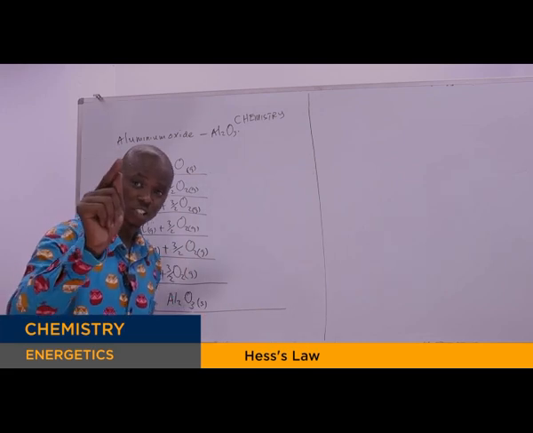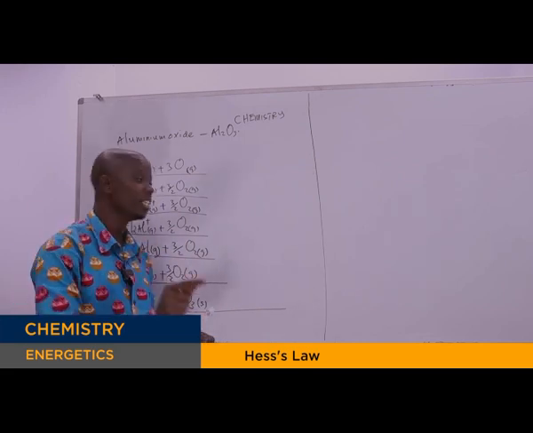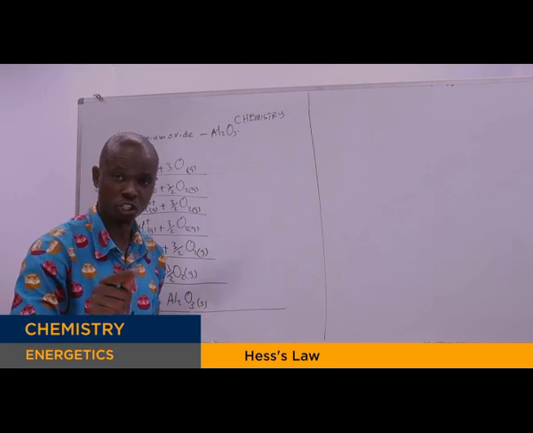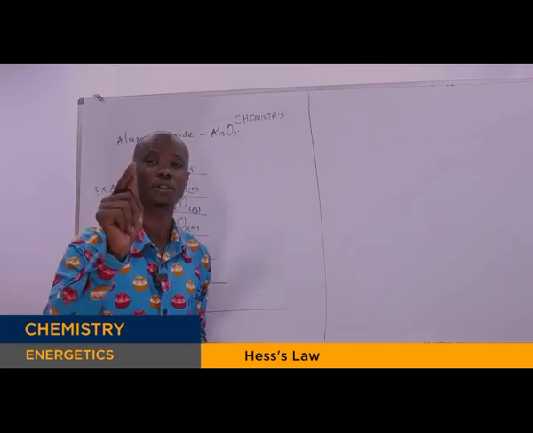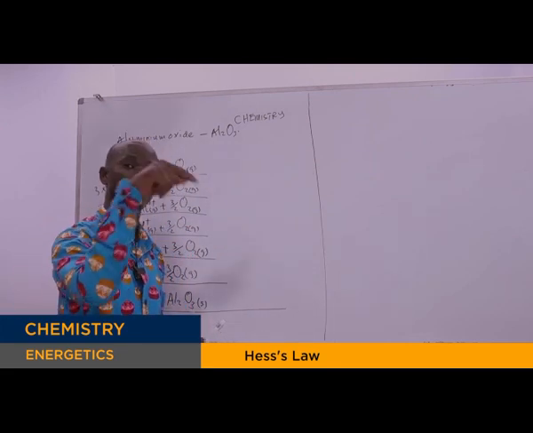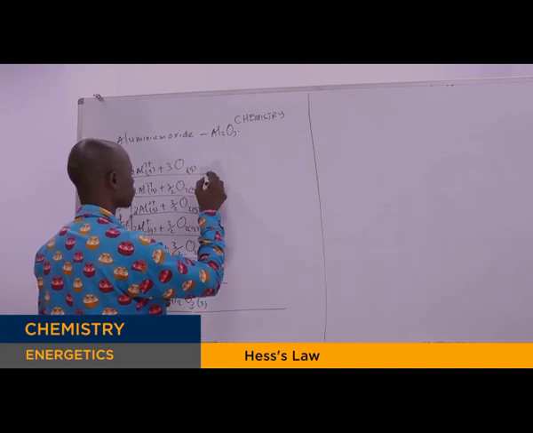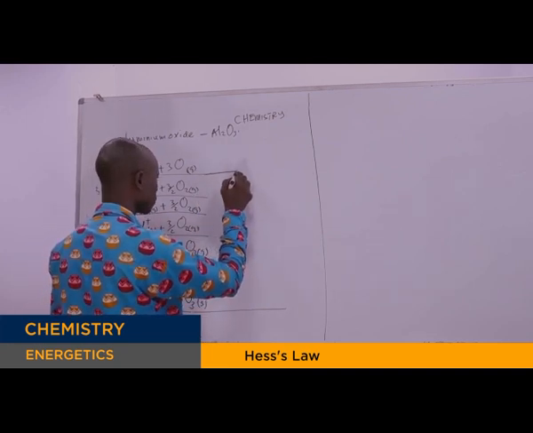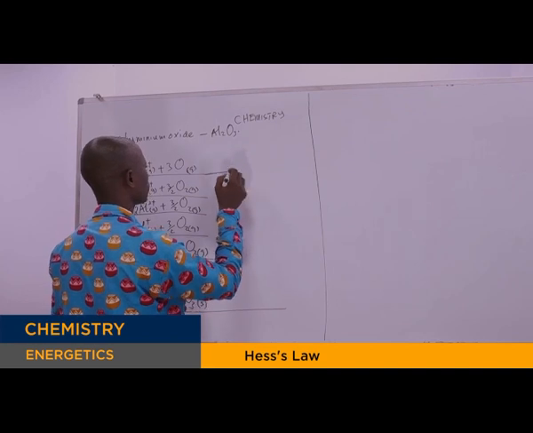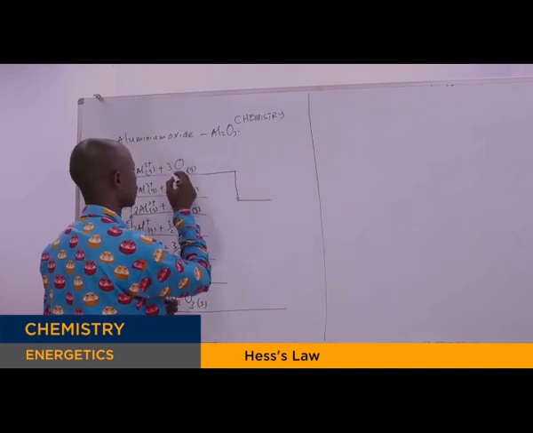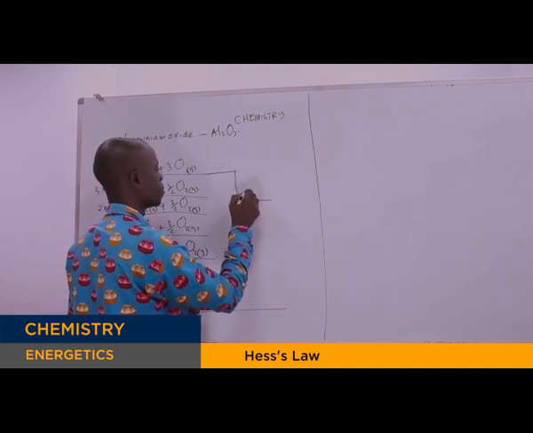Now, when the first electron is added to a gaseous atom of oxygen, that process is purely exothermic. So the arrow will go downward. Here you have aluminium.